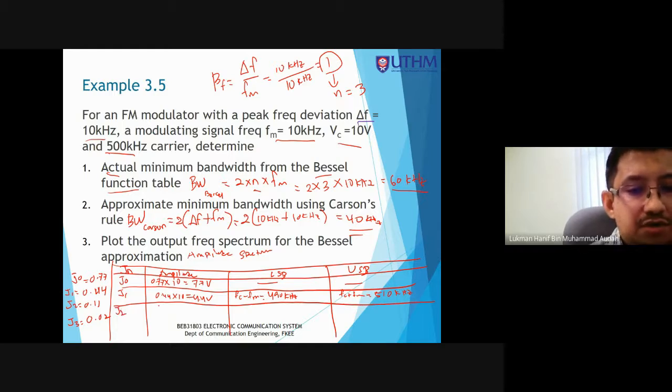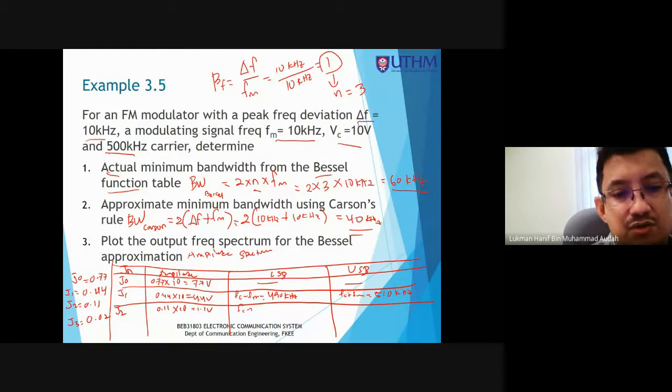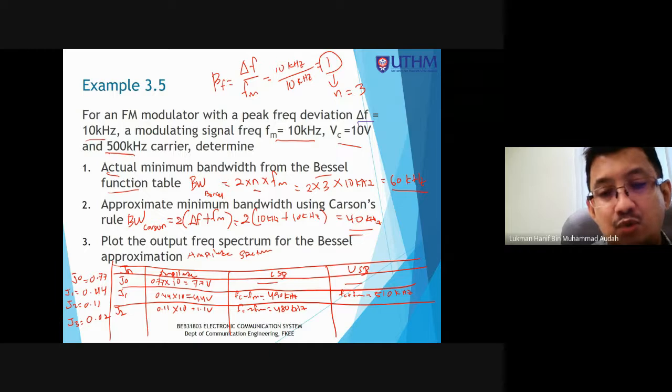J2 is equal to 0.11 multiplied with 10 volts, so we get 1.1 volt. Here is Fc minus 2 Fm, 2 kali 10K, so 20, so 480 kilohertz.